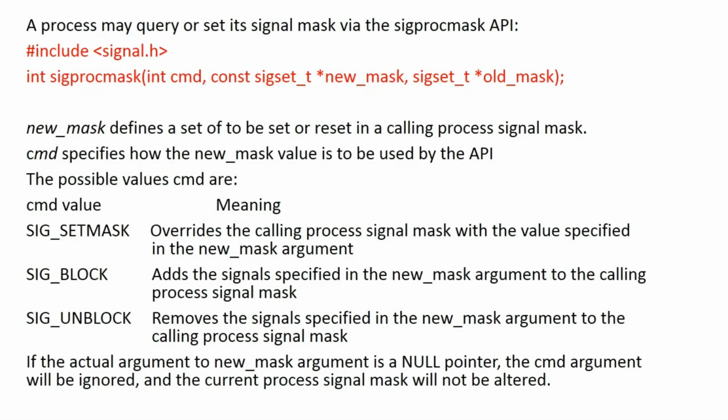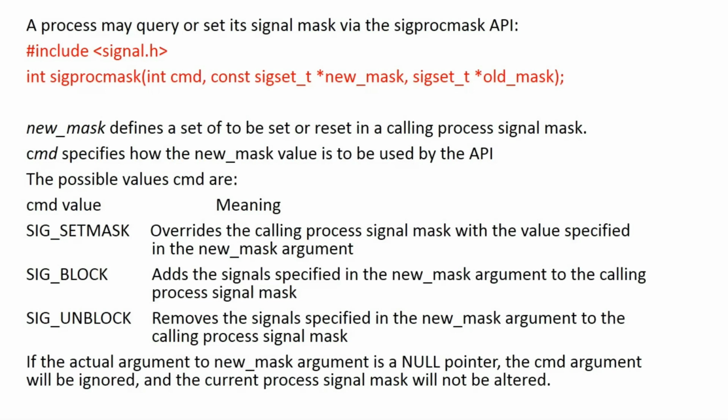The possible values for the command, the first argument, are SIG_SETMASK, SIG_BLOCK, and SIG_UNBLOCK. The first value overrides the calling process signal mask with the value specified in the new mask argument.